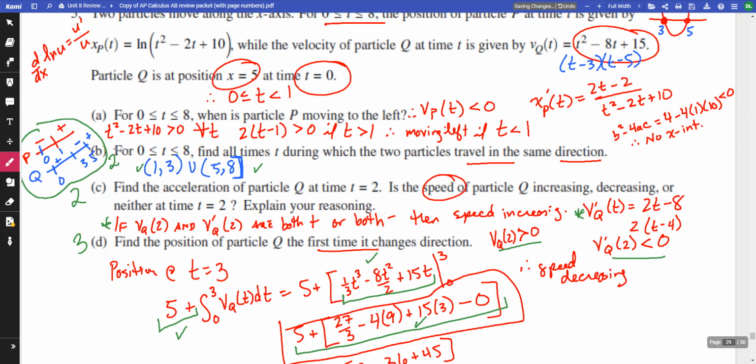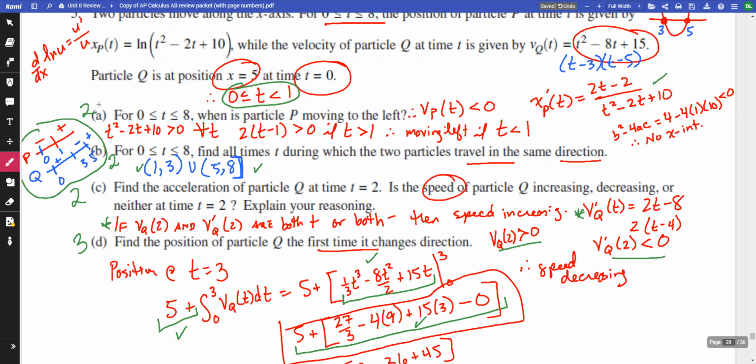So please make sure you include your sign analysis. Okay, and then the first one, moving to the left, we find the derivative correctly. So find the derivative correctly, and then moving to the left for our interval happened to be from 0 to 1, and that would be our solution. One we're moving to the left, and there will happen to be 2 points there.